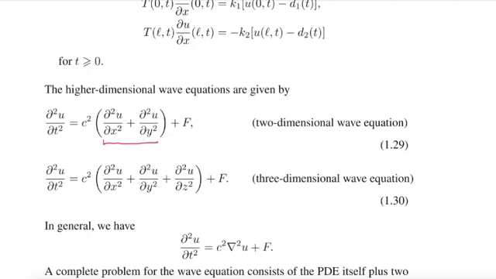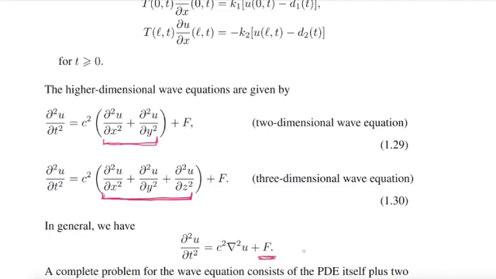We can make higher dimensional wave equations by allowing, if you have in 2D x and y, then you allow the second x derivative and the second y derivative here. If you have x, y, z, then you do this as well. So all the second derivatives coming together, and then these are the higher dimensional wave equations. We can also add a forcing term.